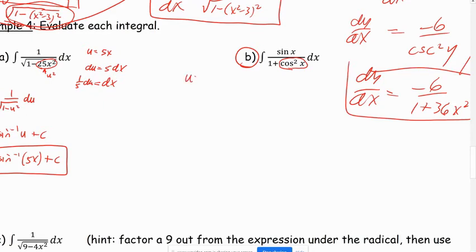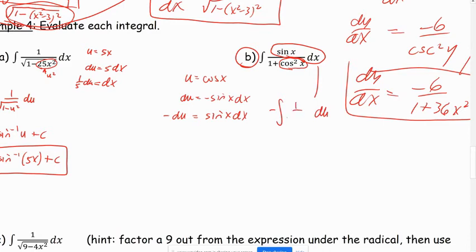So if we say u is equal to cosine of x, then du is equal to negative sine x dx, and we have a sine x dx here. We just need to get rid of the negative, so we could say negative du will replace sine x dx. And so this part that I circled gets replaced by negative du, and then the rest of it becomes 1 over 1 plus u squared.